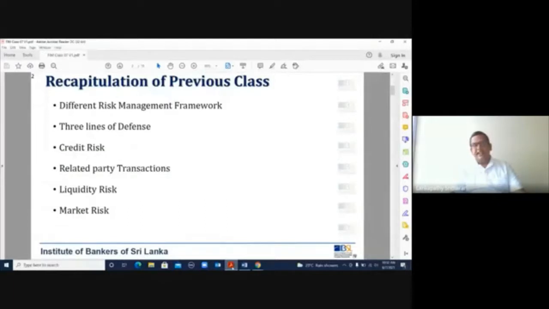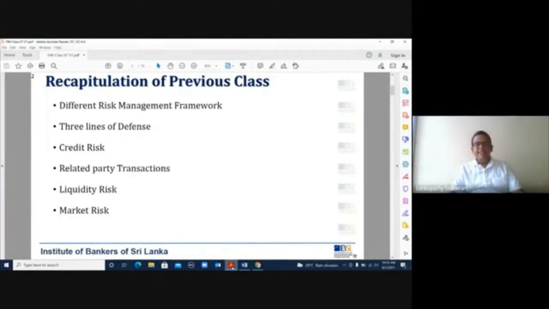Under that framework we discussed the silo-based risk management framework as well as the integrated risk management framework, and their different processes. I explained the diagram.